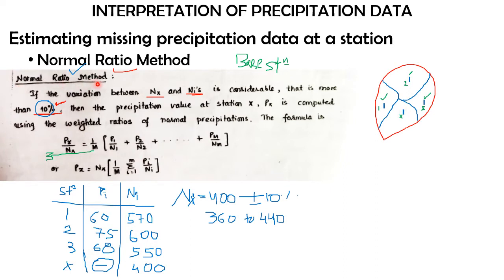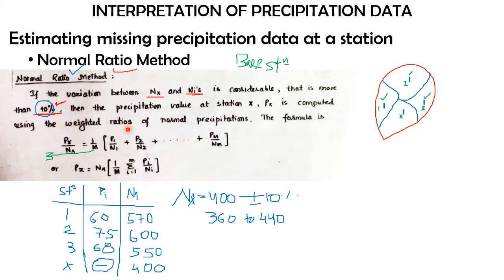So in this normal ratio method, they are introducing this N term for each of the P terms. Why do we need that? Because we want to have a ratio where the average yearly rainfall with respect to the 3 decades rainfall value is known. This ratio of Pi by Ni itself, we call it weighted ratios.